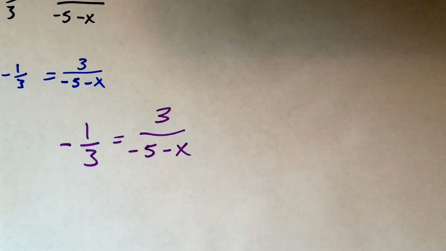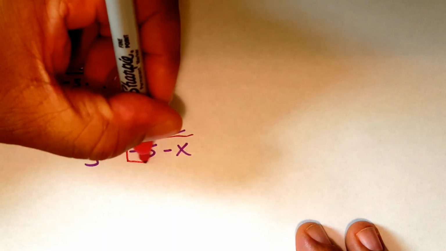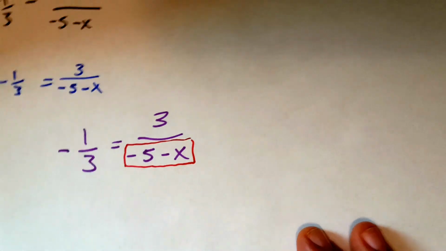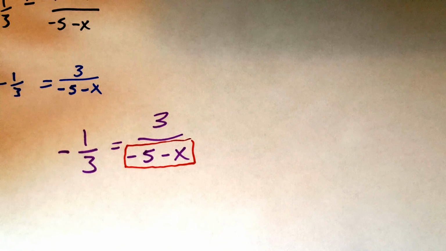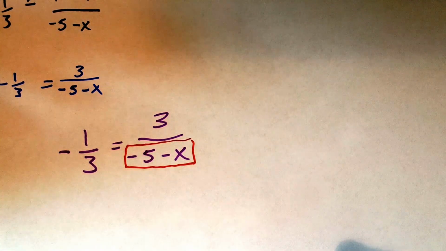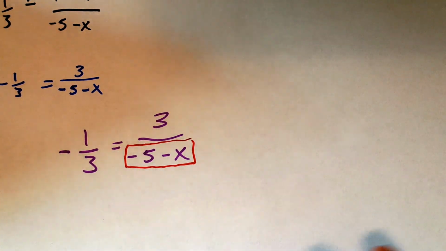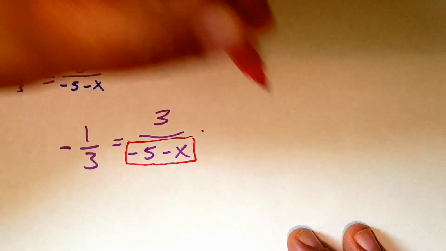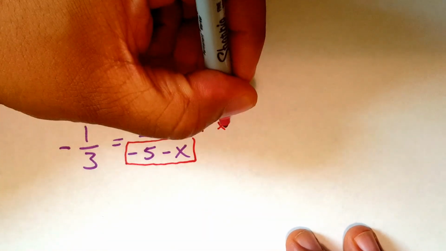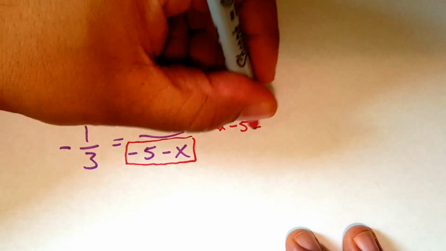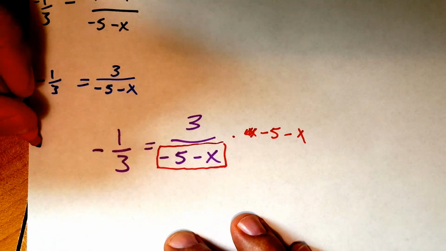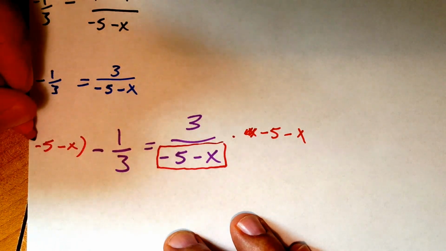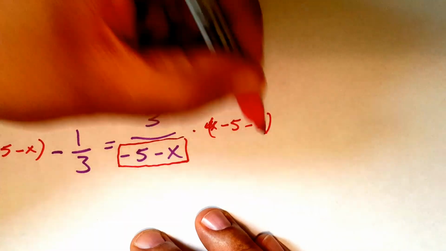So what's in the bottom here is still something we're dividing by, okay? And the rules still apply. We still do the same steps. I want to get x by itself, and I need it up top in the numerator, obviously. So the only way I can do that is to multiply both sides by this whole packet that I have here in red.